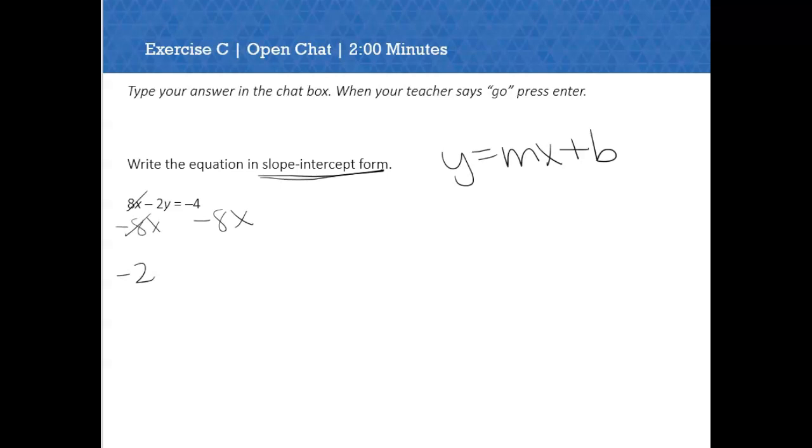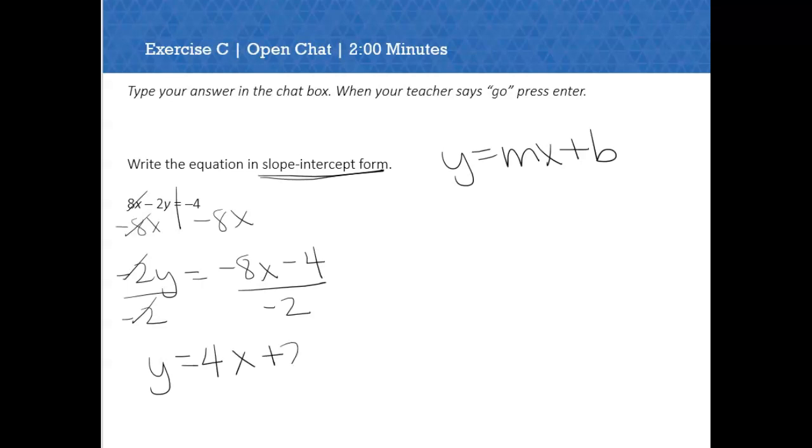So we're left with negative 2y equals, put the x term in front, negative 8x, we still have a minus 4. Don't drop your signs. Now remember, negative 2 times y, so we divide each thing. So negative 8 over negative 2 is 4x. Negative 4 over negative 2 is positive 2.